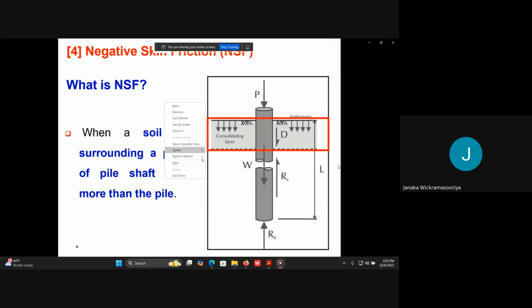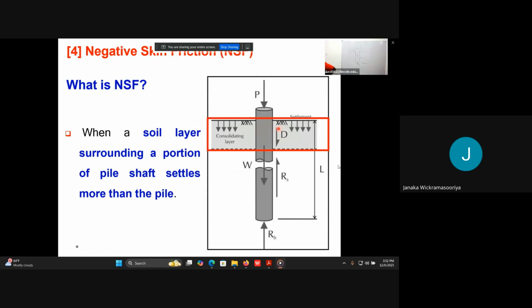Right. Then that means here the negative skin friction is down. You will see the results later. And the weight downward, the perpendicular reaction, or the bearing effect, load at the bottom, and the skin friction.